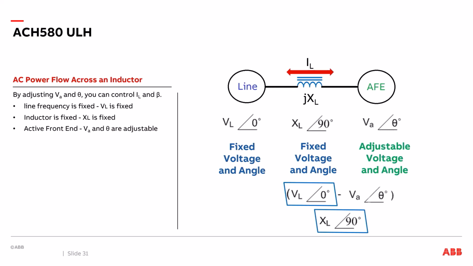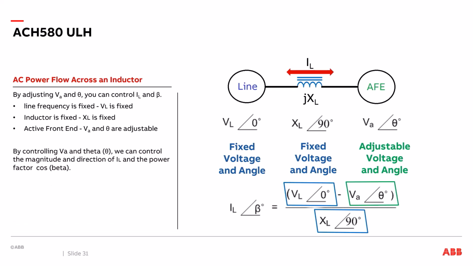The active front end is adjustable. We can adjust the voltage and the current phase angle of the active front end. This allows us to determine if we have power going from the line to the active front end, or if the active front end brings power out to the line. By controlling the voltage and the theta, we can control the magnitude and direction of the current and the power factor, which is cosine beta.